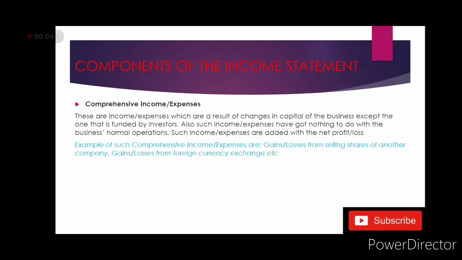So then the last but not the least important is the comprehensive income or expenses. Now, these are basically income or expenses that are a result of changes in capital of the business, excluding the capital that has been funded by investors.